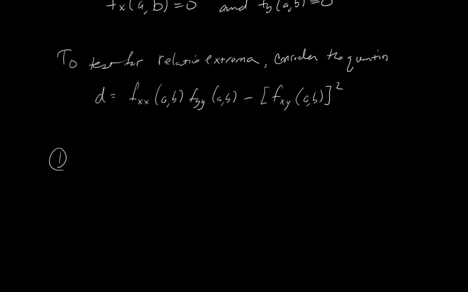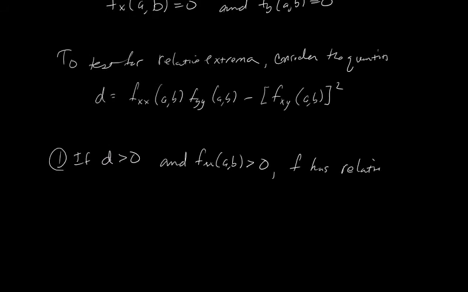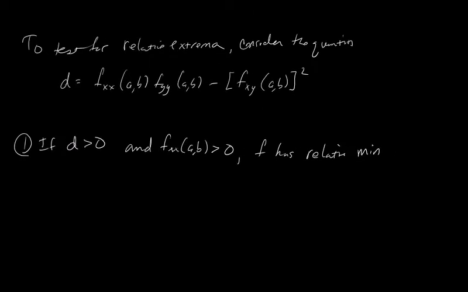Then if D is positive and the second partial with respect to x is also positive, then f has a relative minimum at (a, b).